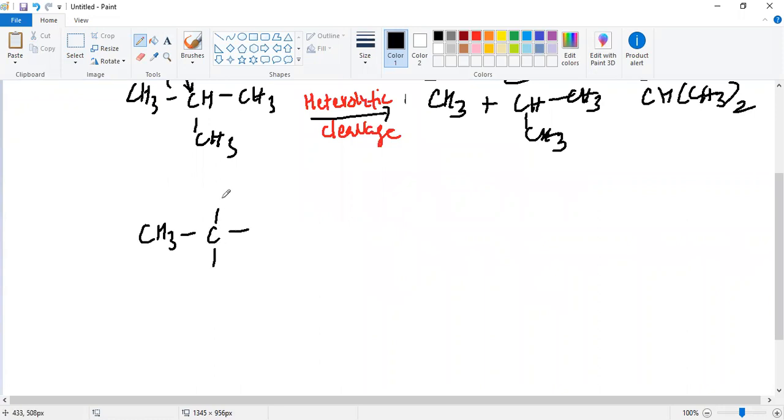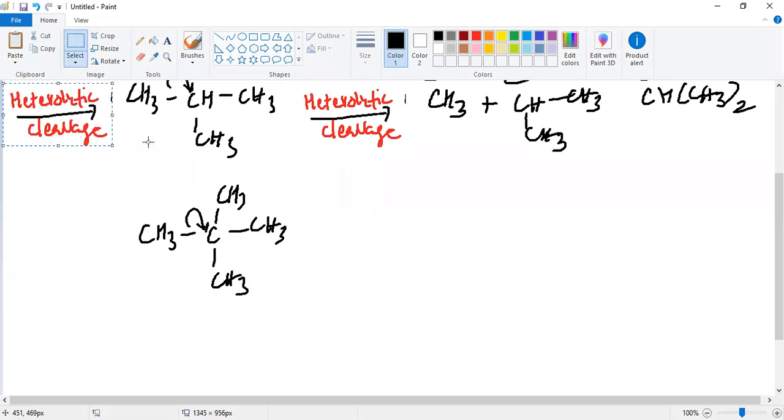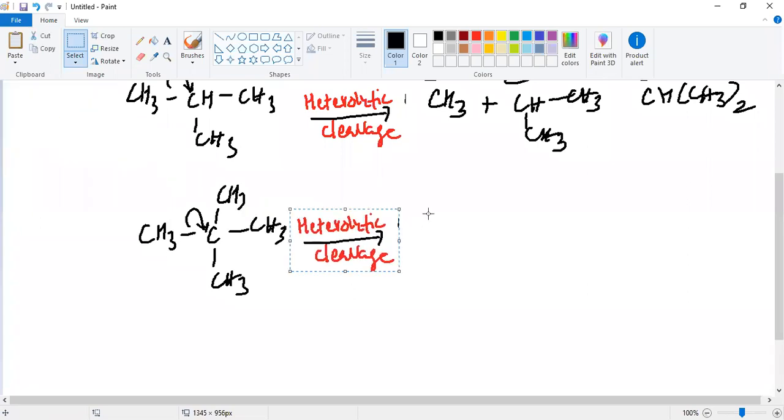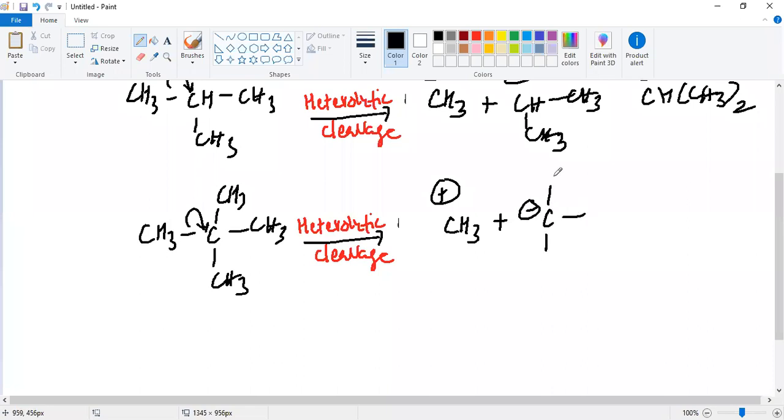And same way if you have CH3-C(CH3)(CH3)-CH3, this kind of compound, and if there is heterolytic cleavage, in that case we will have CH3 plus, and we may have C minus CH3 CH3 CH3.